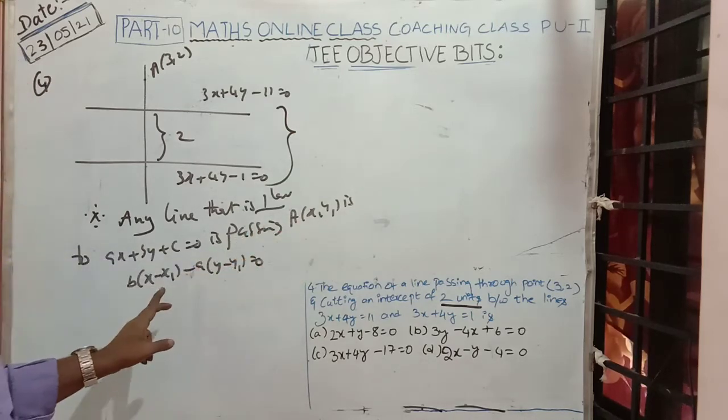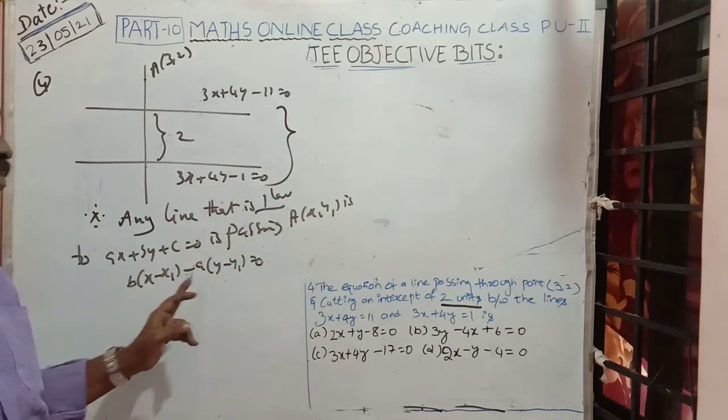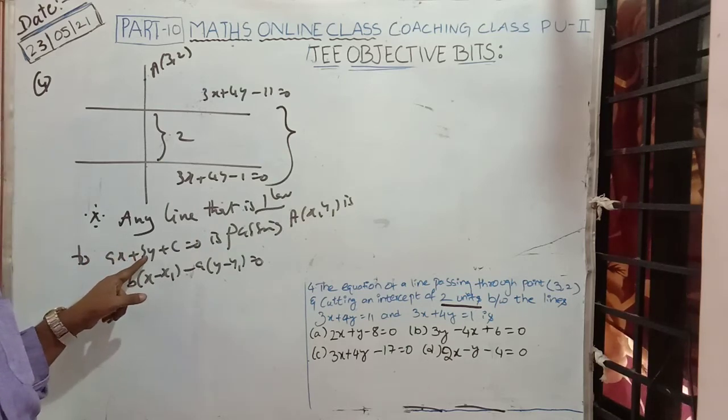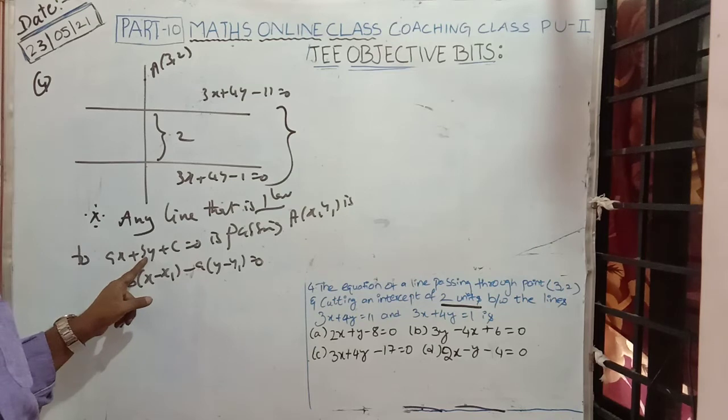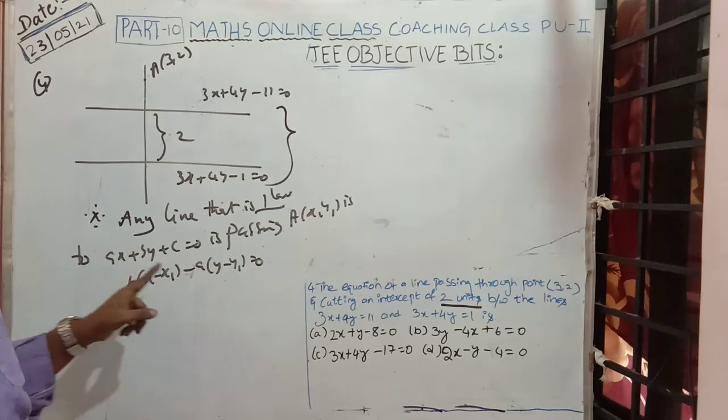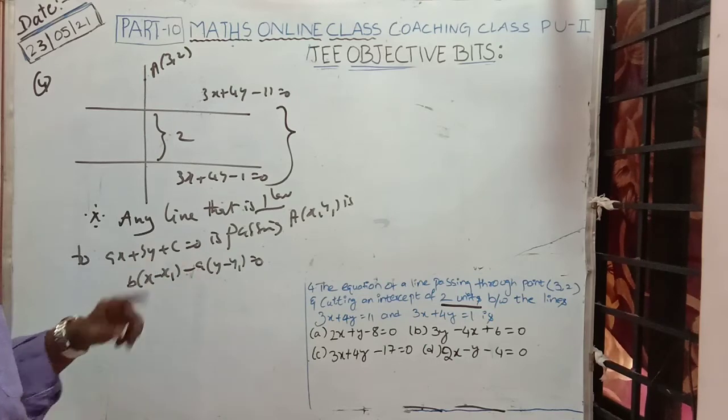This x1, y1 is there, x minus x1, y minus y1, but the coefficient of y becomes the coefficient of x, and the coefficient of x becomes the coefficient of y.